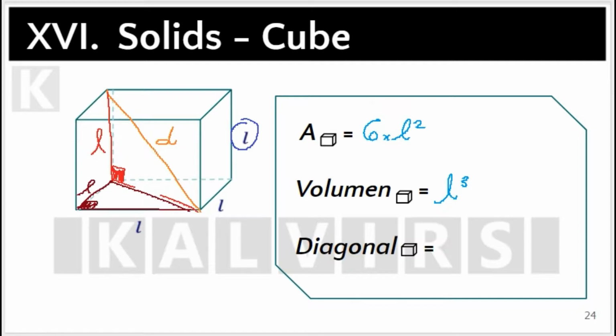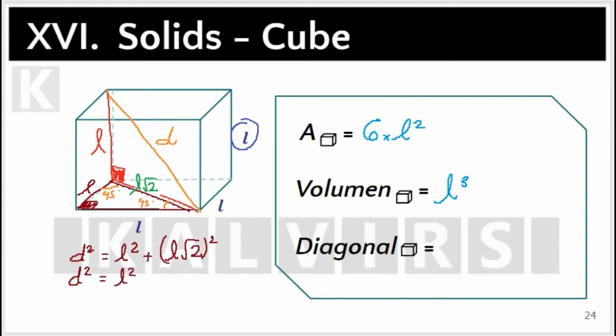We have a special right triangle, 45 and 45 degrees. According to the proportion, the hypotenuse must be L times the square root of 2. Now we can apply the Pythagorean theorem. D squared equals L squared plus L times the square root of 2 squared.